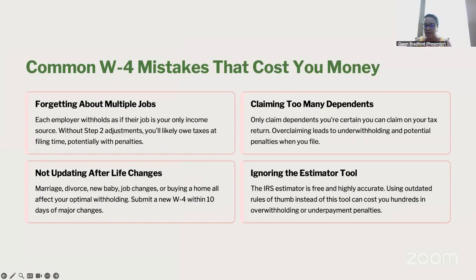Go to that intersection on page 4 of the handout and see what that amount is. Take that amount and divide it by the number of pay periods in the year to come up with whatever amount you need to put on line 4C on your W-4.